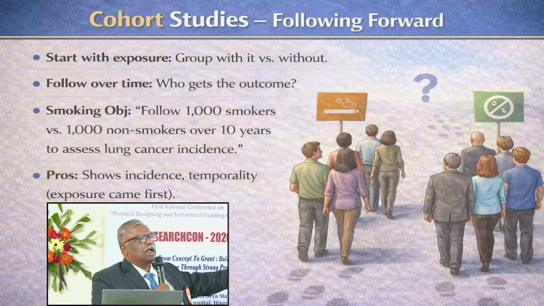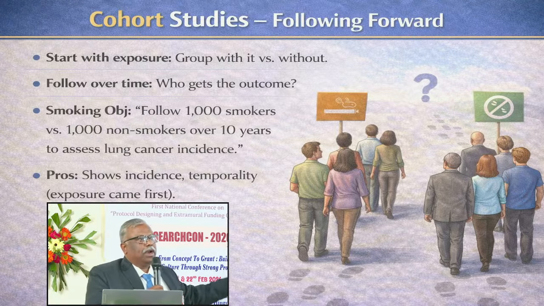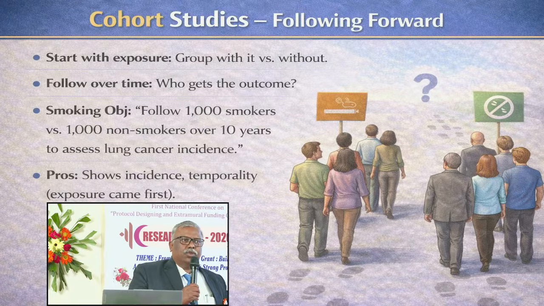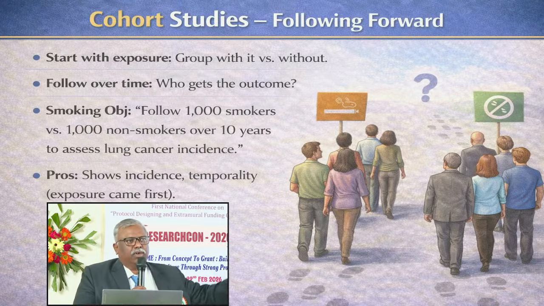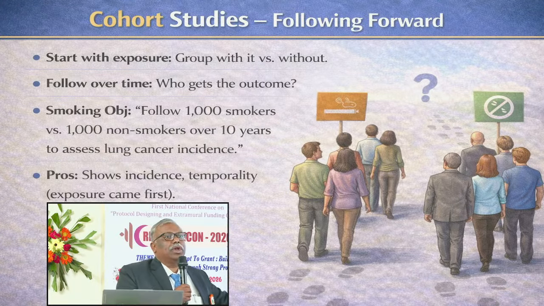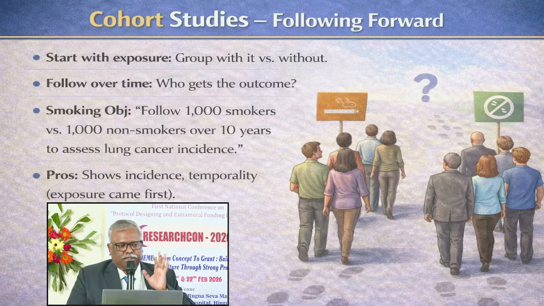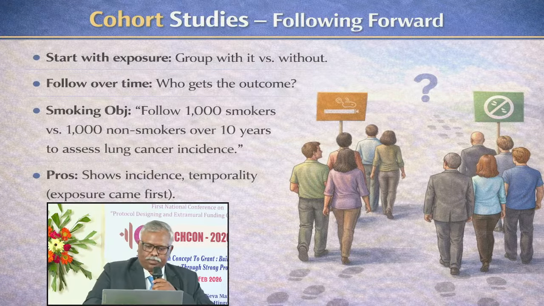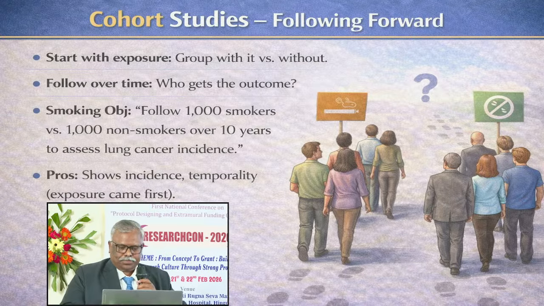In this exposed and non-exposed group, apparently there is no disease, but after a few days, months, or years, there will be the appearance of disease. So it is a new disease, and it is called incidence. It is also called the forward-looking study.